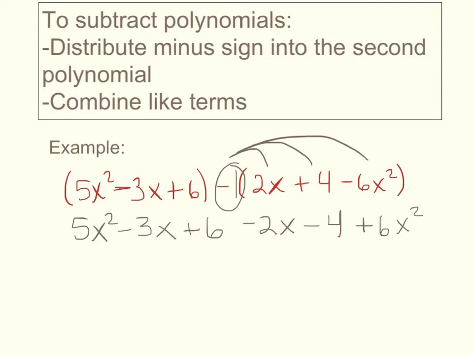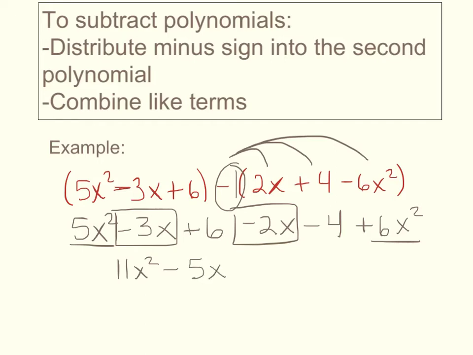And then we can find our like terms. So we'd have 5x squared and 6x squared is 11x squared. Then we would have negative 3x and negative 2x is negative 5x. Then we would have 6 and negative 4 is 2.